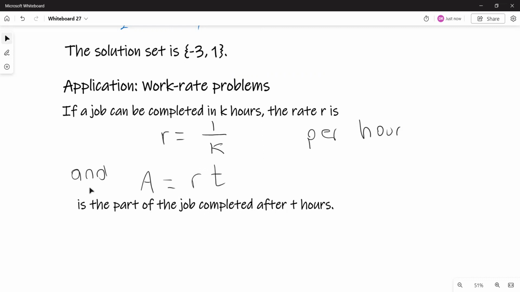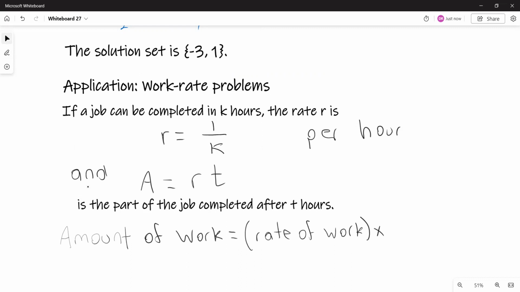So at the end, the amount of work is going to be the rate of work times the amount of time worked.